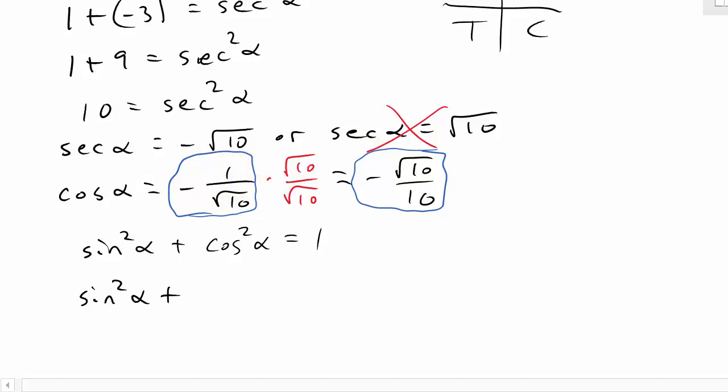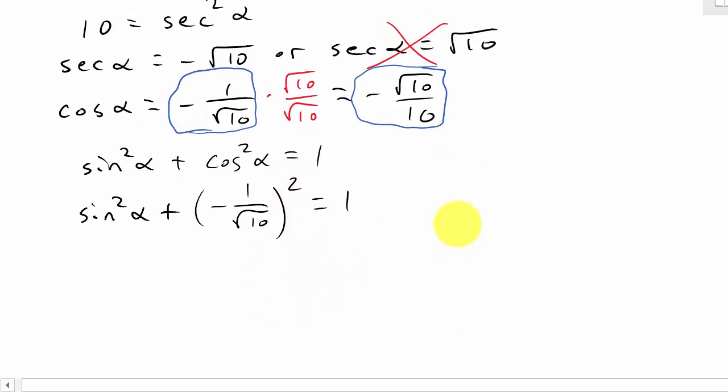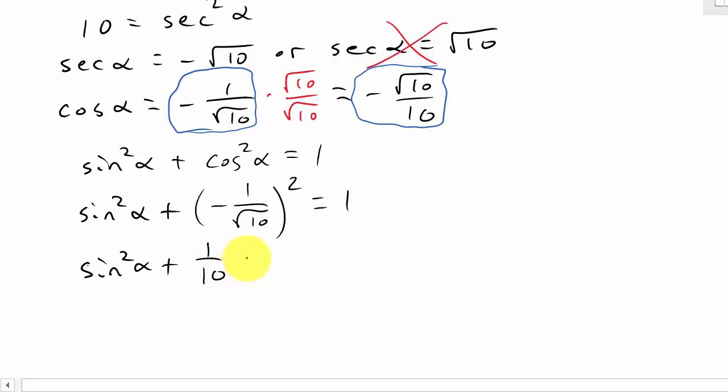So let's plug in negative 1 over square root of 10, squared. We have sine squared alpha plus 1 over 10 equals 1.